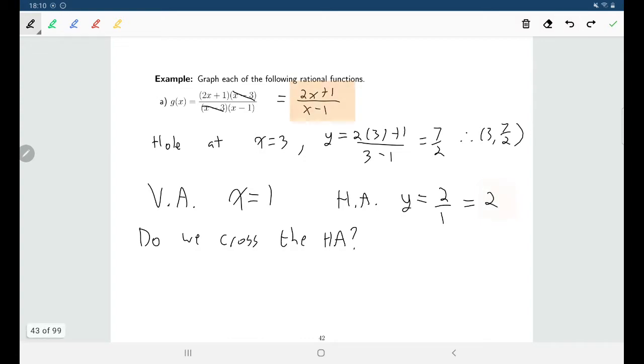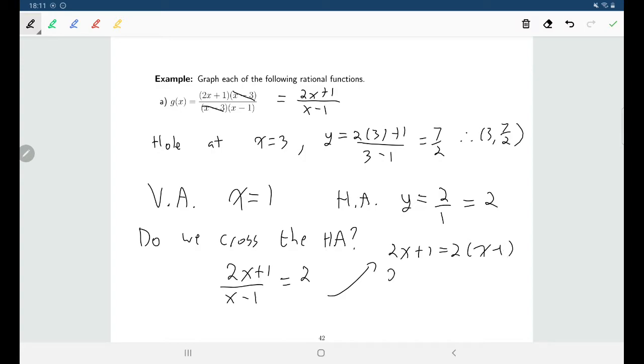In other words, is it possible for our function to be equal to 2? If we try to solve for this, we run into a problem right away, which is that we come up with a contradiction. We come up with 1 is equal to negative 2. Since that's a contradiction, that means there are no solutions.